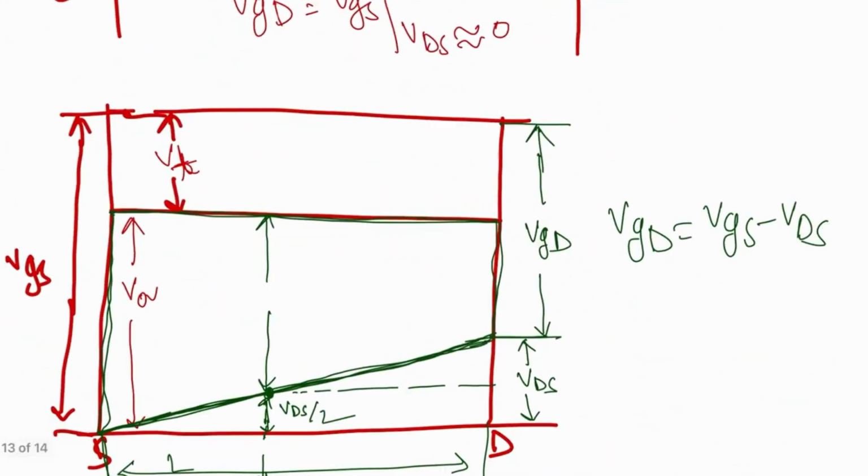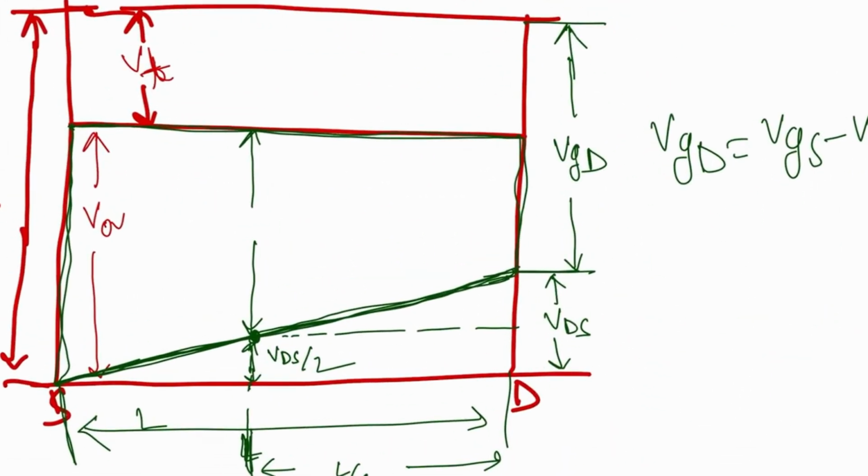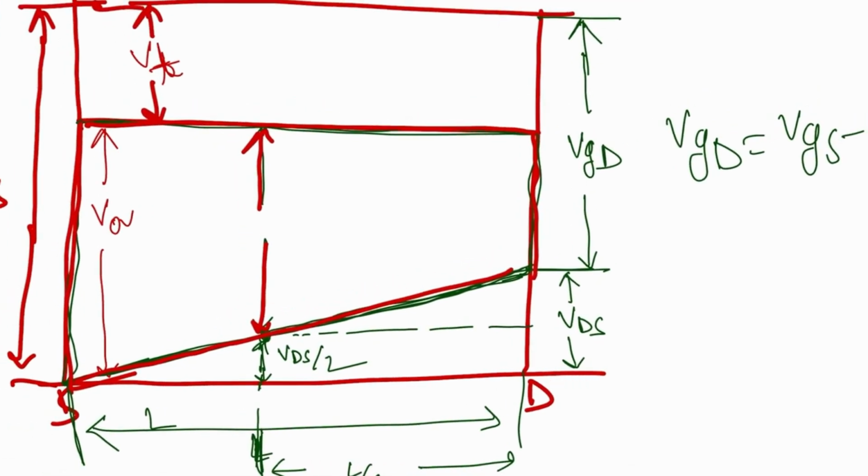But here you can see the channel width is changed. As the channel width is changed, I need to calculate the average voltage across this channel. So I need to know the voltage value of this one. What will be the value of this one?